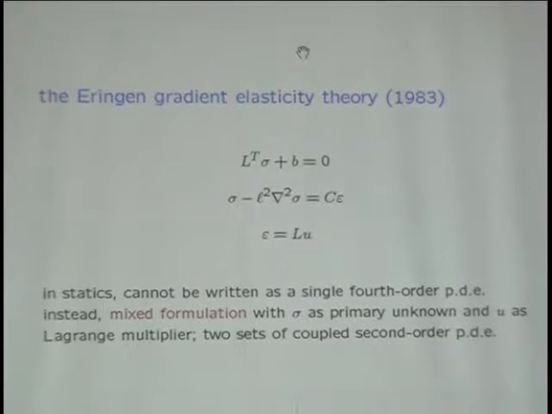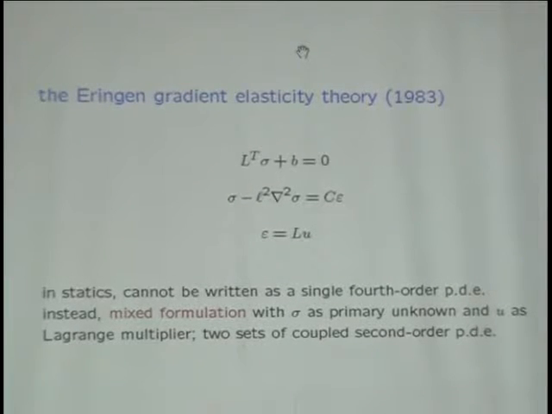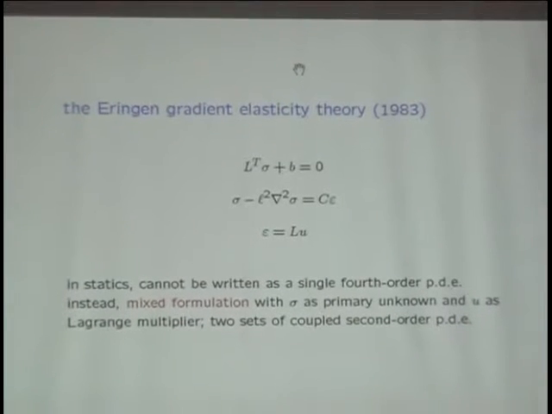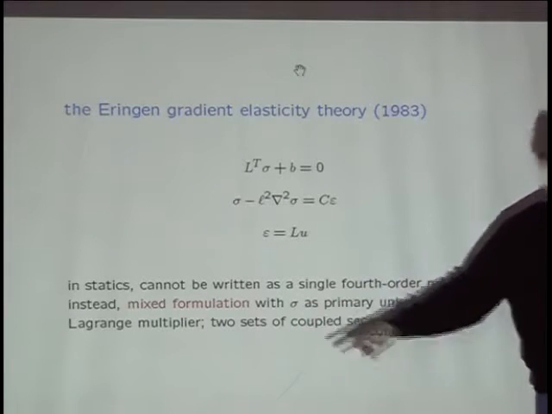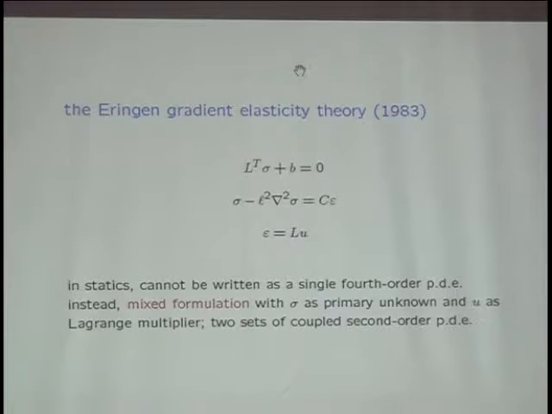So really, this is a mixed formulation, and surprisingly, perhaps, the primary unknown is the stress, not the displacement, and the displacement only acts as a kind of multiplier. I think I'll say more about this slide.